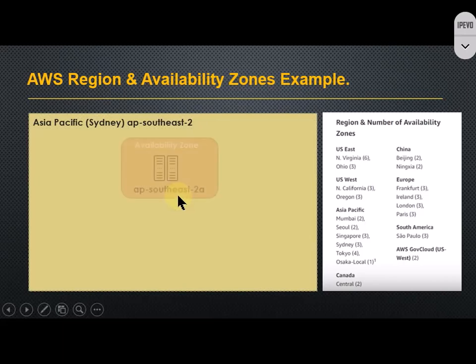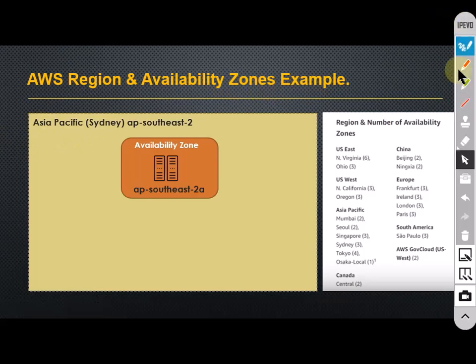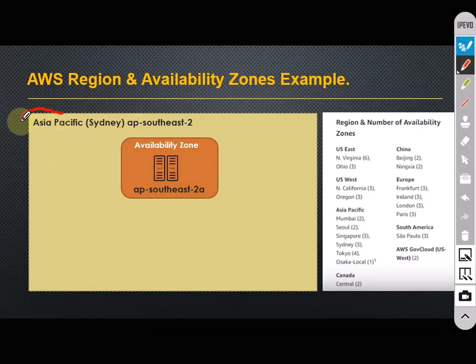For example, this is going to be the example AWS region and availability zone. This is going to be my region, and a region has an identification, as you can see, AP Southeast 2. Okay, so this is going to be the ID.